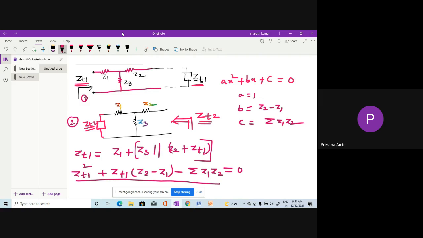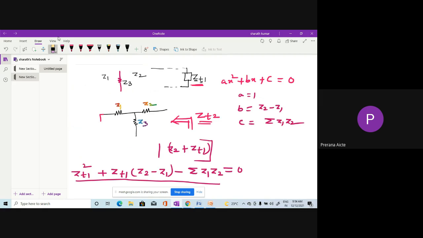So this is a second order quadratic equation.